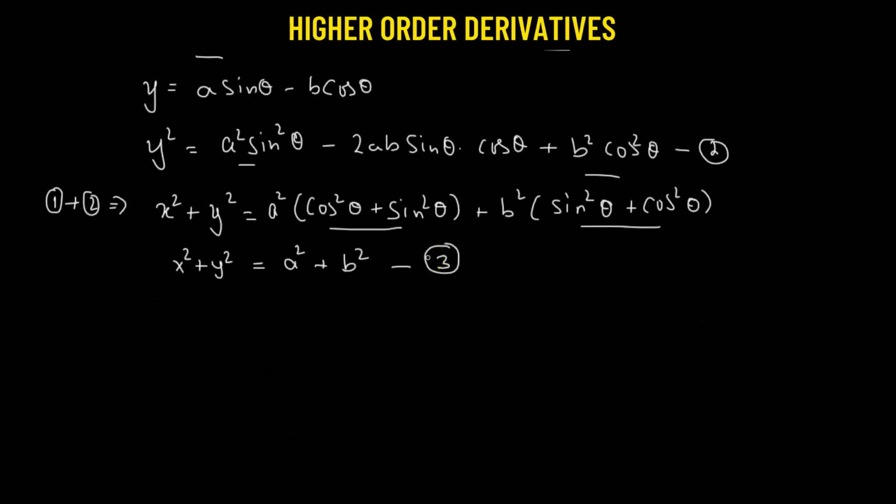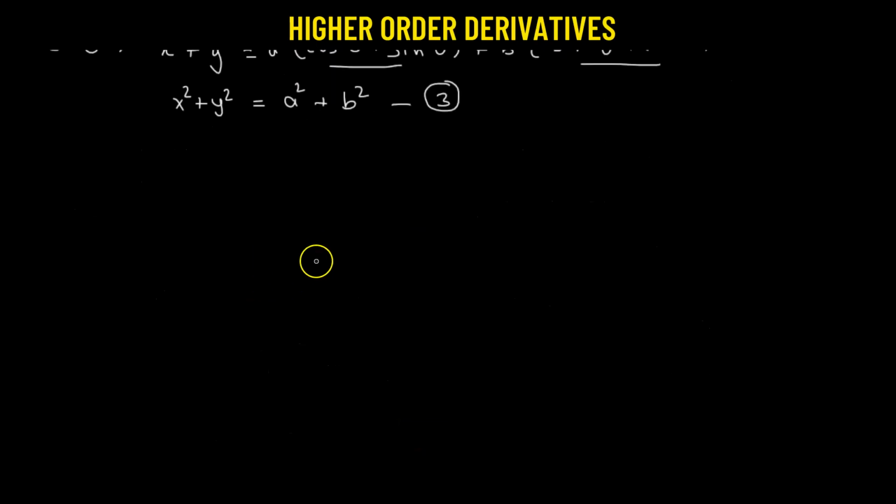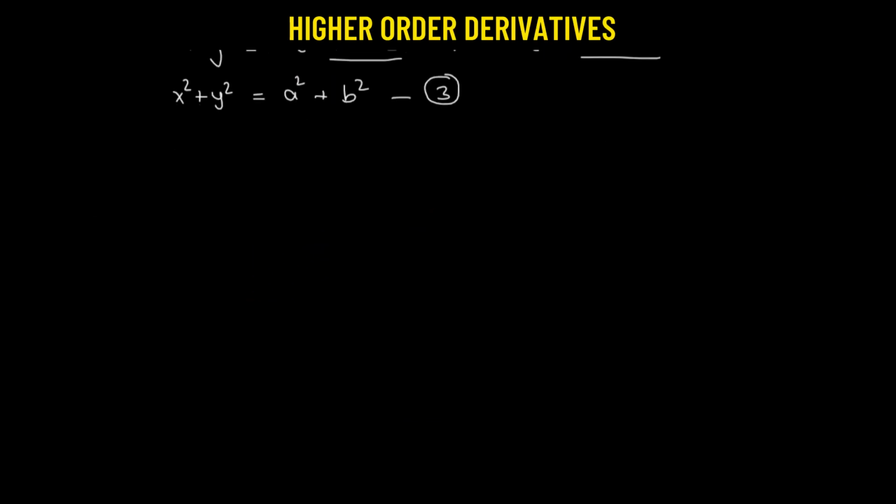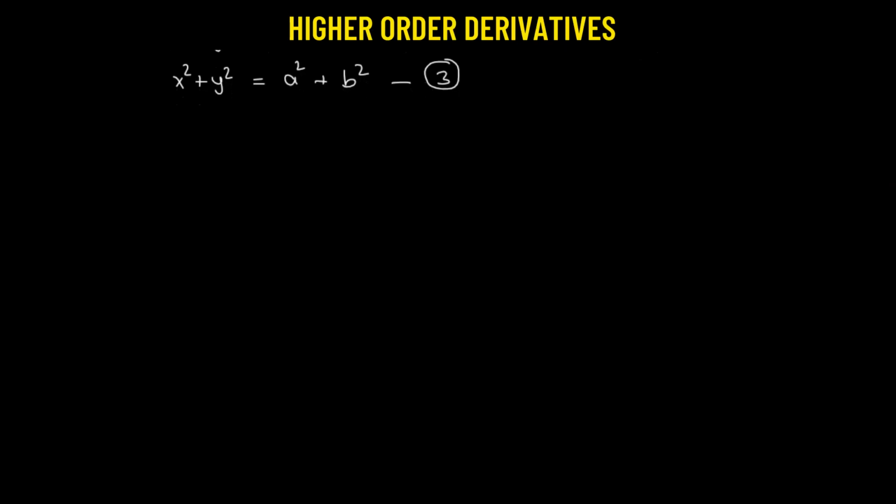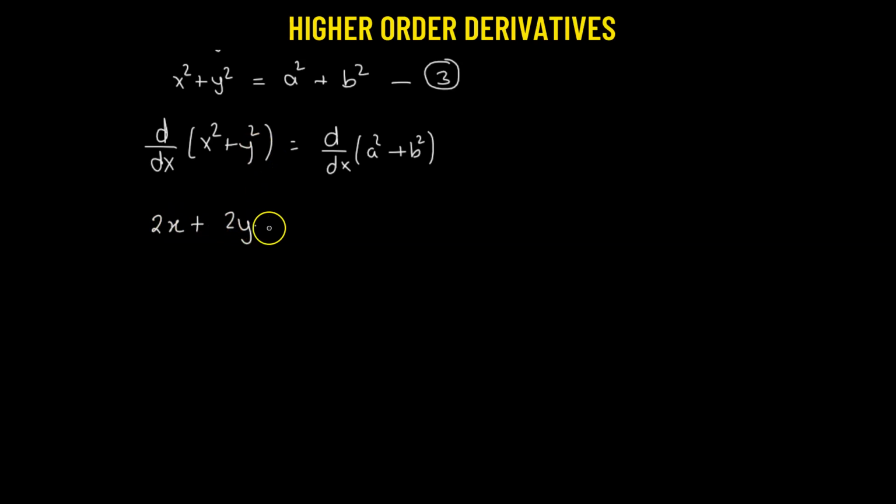Now we'll perform an implicit differentiation. All we have to do is take the derivative of equation number 3 with respect to x. So we have the derivative with respect to x of x squared plus y squared equals the derivative with respect to x of a squared plus b squared. The derivative of x squared is simply 2x, plus the derivative of y squared, which is 2y times dy over dx.